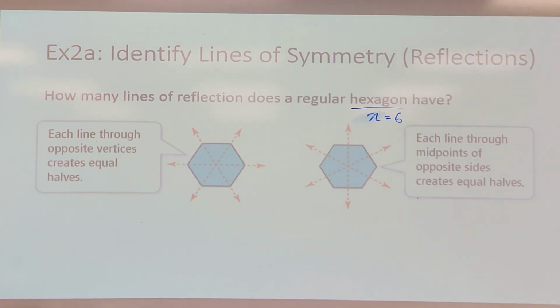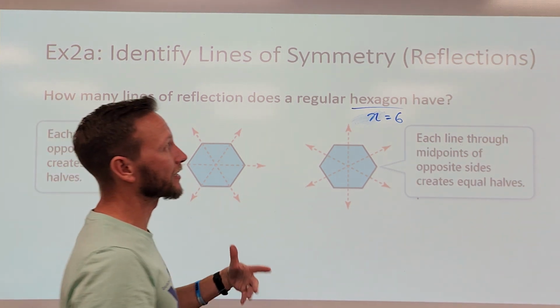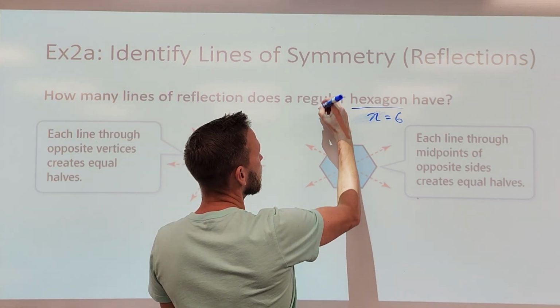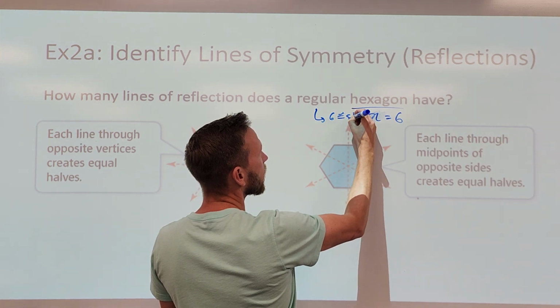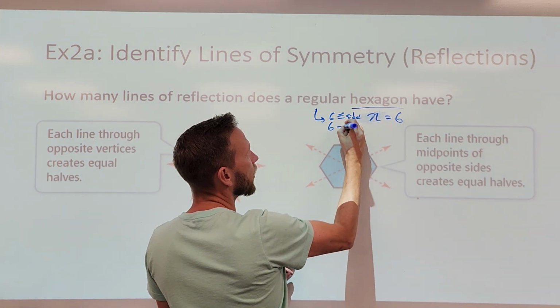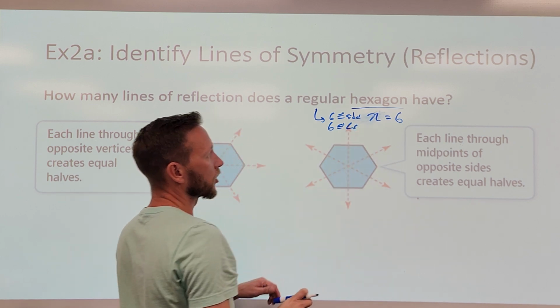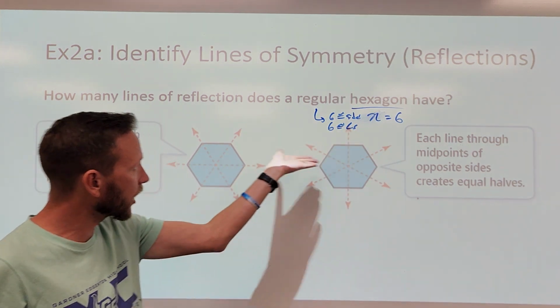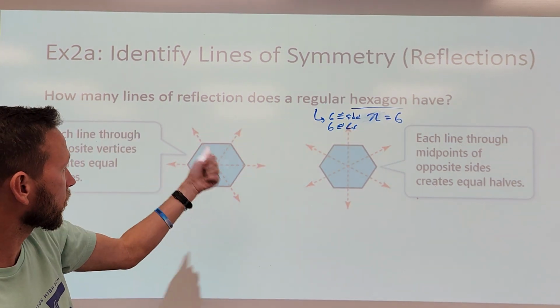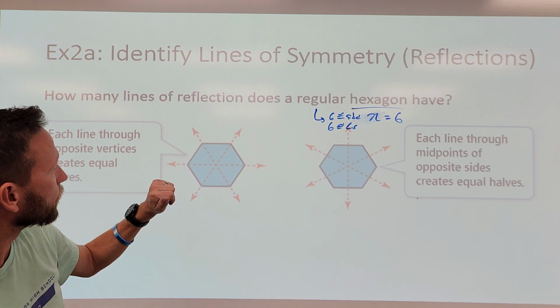There are 6 sides, there are 6 angles. And regular means that all 6 sides are congruent, and all 6 angles are congruent. 6 congruent sides and 6 congruent angles. That's how we know that it's a hexagon. Regular means that all the sides are congruent, all of the angles are congruent.